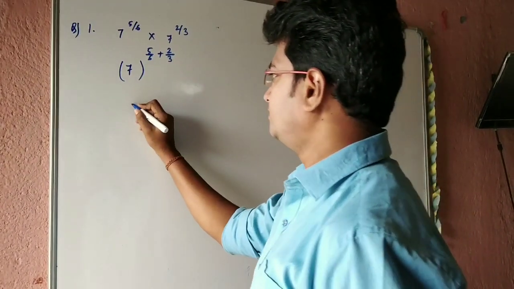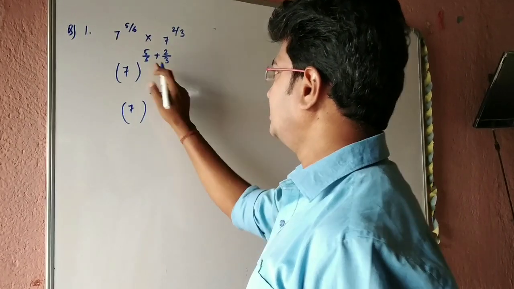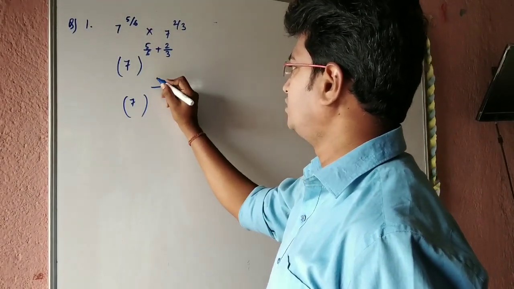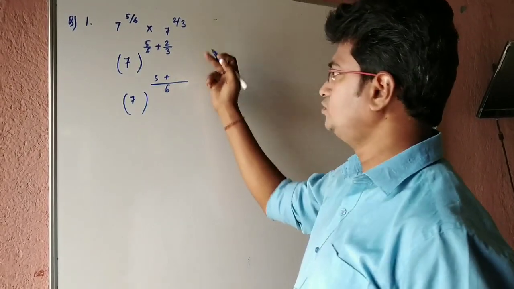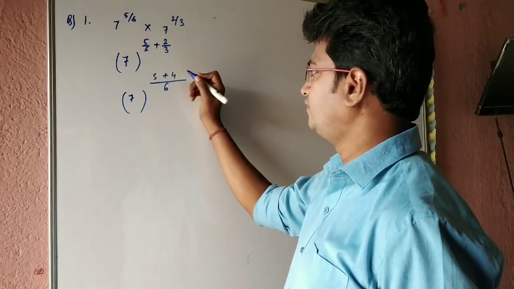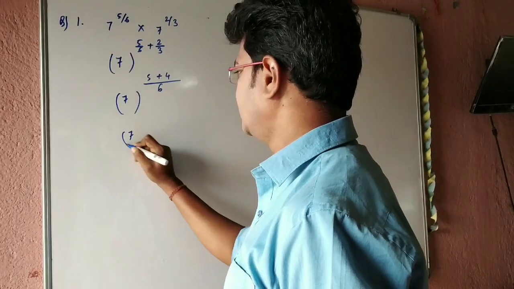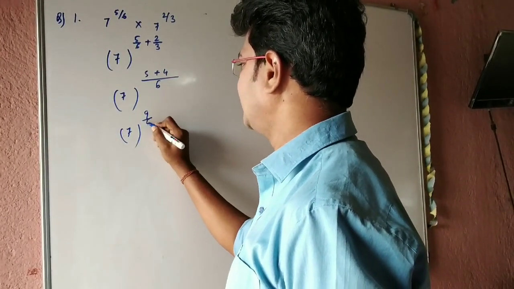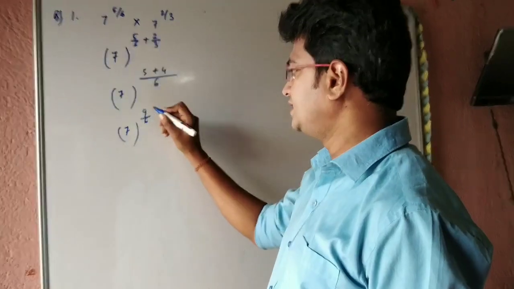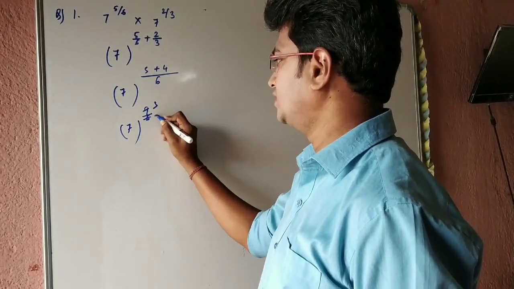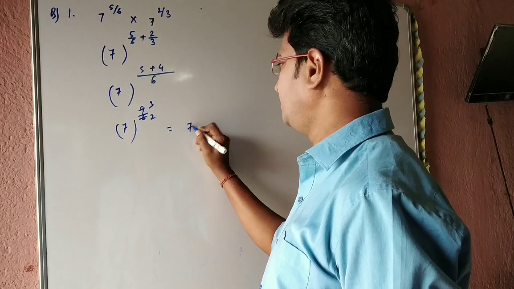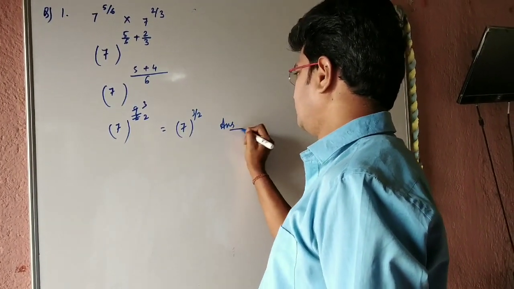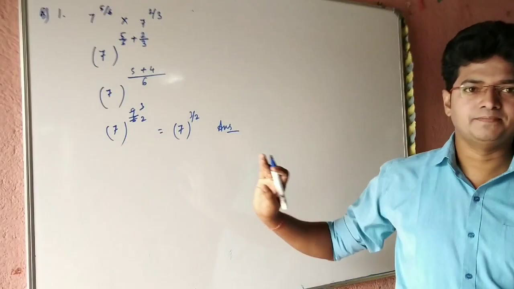The LCM of 6 and 3 is 6. So you write 6. You write 5 here. 3 2s are 6, 2 into 2 is 4. So here 7 to the power 5 plus 4 is 9 by 6. This you can reduce. 3 3s are 9, 3 2s are 6. So the final answer becomes 7 to the power 3 by 2. This is the simplified answer.